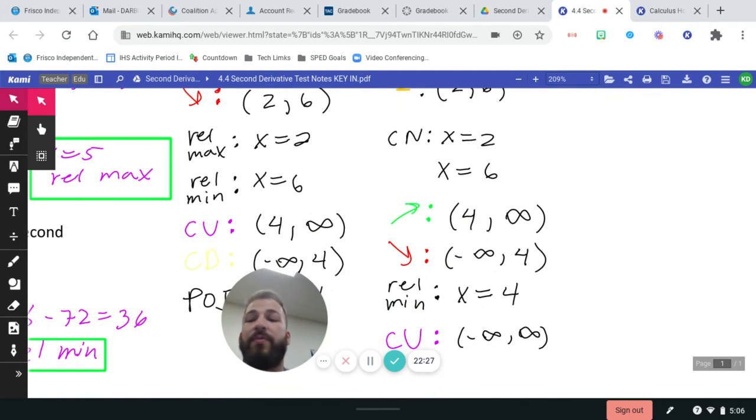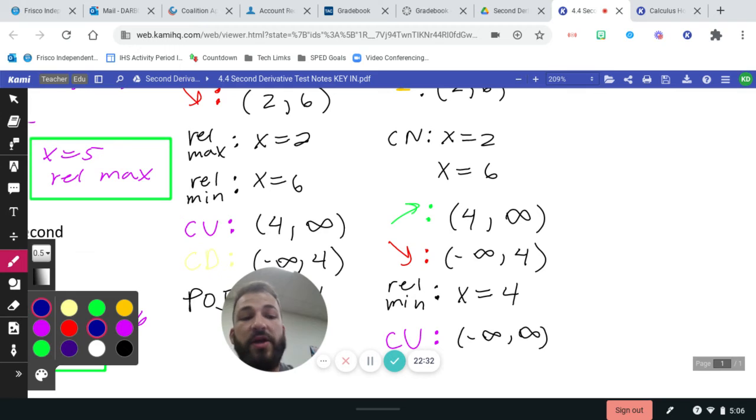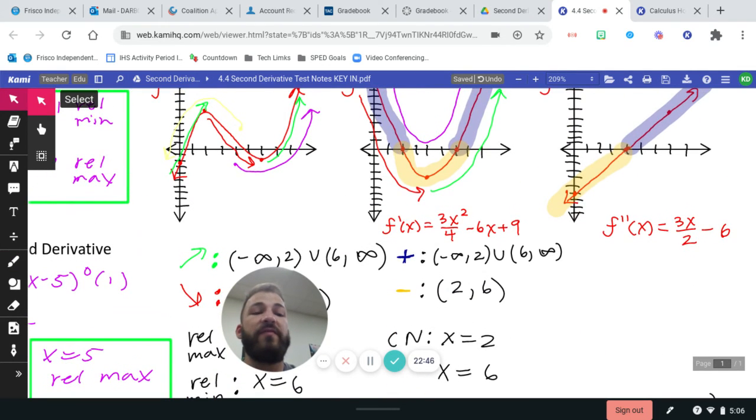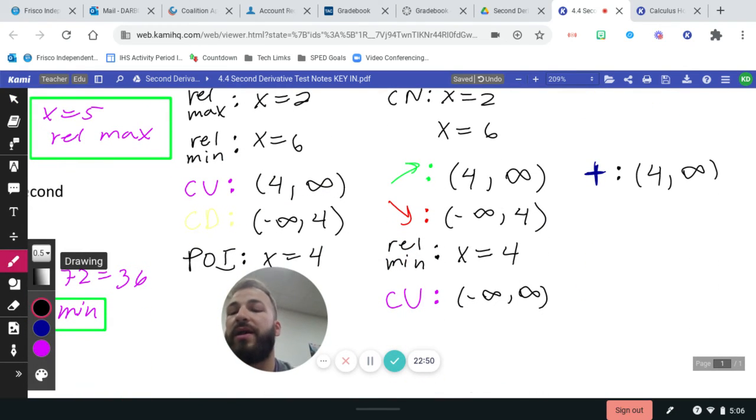So that lines up right here. F double prime is positive from 4 to infinity, and F double prime is negative from negative infinity to 4, which lines up with decreasing and concave down on F prime and F.